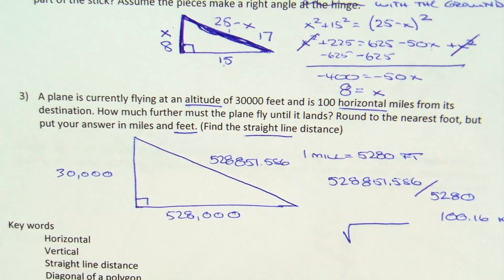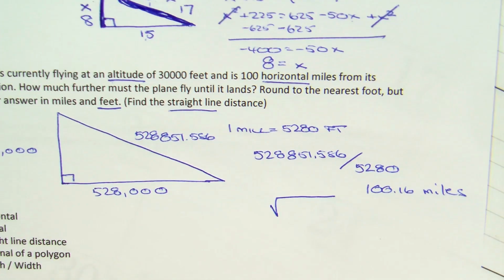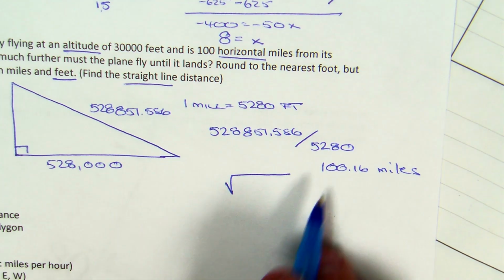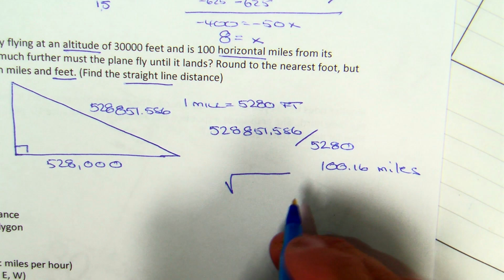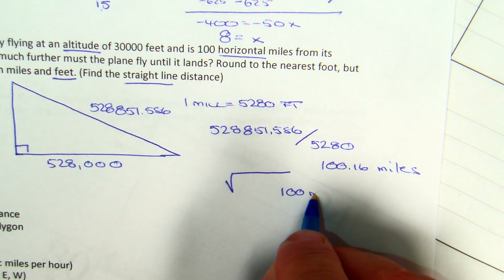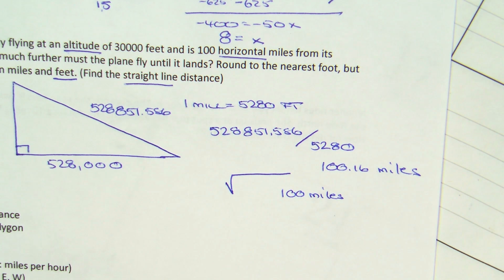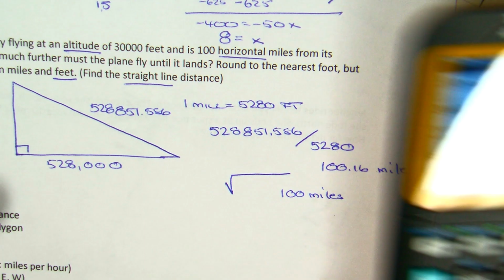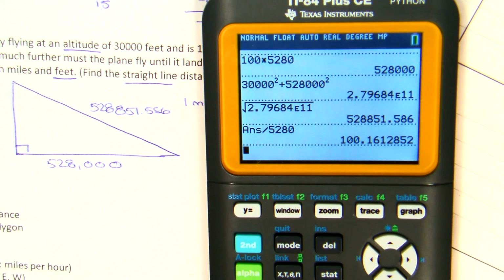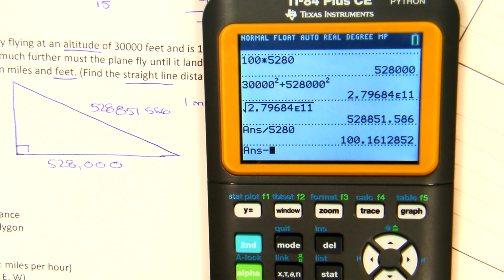But the problem wants you to round to the nearest what? Foot, and put your answer in miles and feet. So this is 100.16 miles, so this is what I'm going to do. I'm going to write 100 miles on my paper. I'm then going to go to my calculator, and I'm going to get rid of that 100. The easiest way to get rid of the 100 is hit what? Minus 100. Make sense?